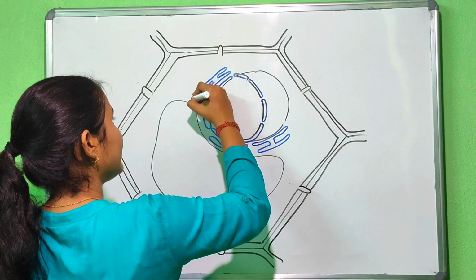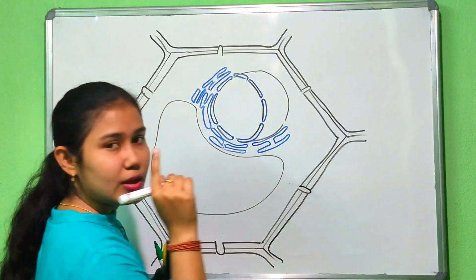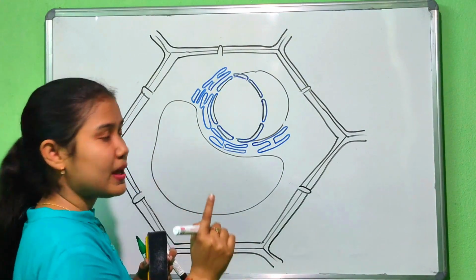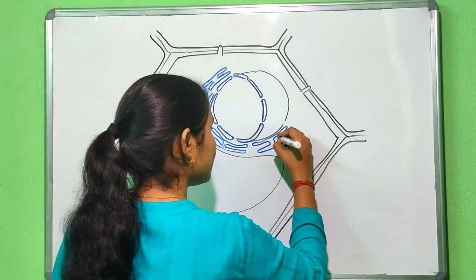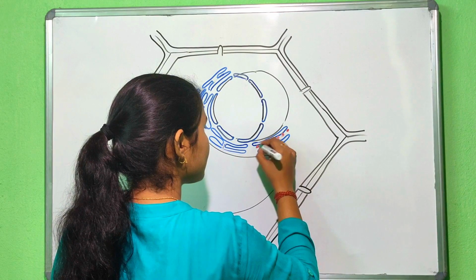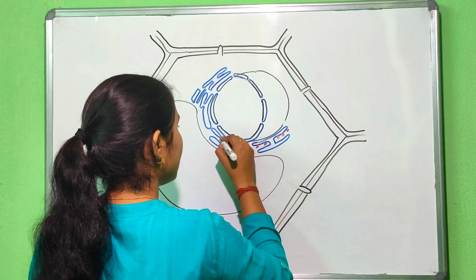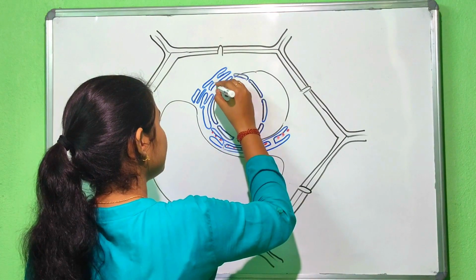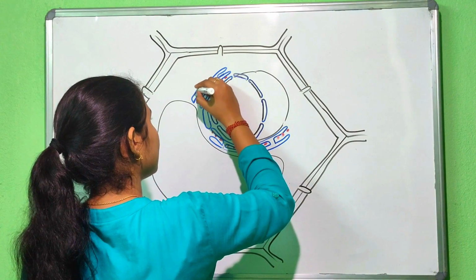Some are free. Okay. So if we are drawing the rough endoplasmic reticulum, then we will draw some ribosomes on it. So these are the ribosomes which are attached to the endoplasmic reticulum. Okay.